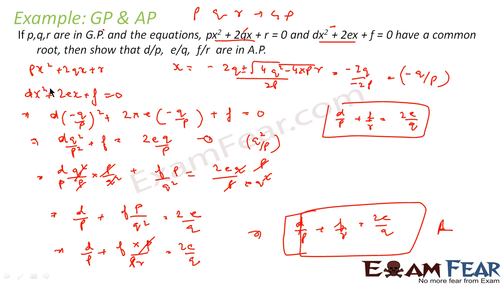Very simple. What we have done is find the value of x in the first equation, which came out to be minus q by p, and we knew that both equations have a common root. That was the only root of the first equation, so we used it in the second equation and solved it. Since we wanted d by p form, we divided the equation by q square by p, and for f by r form we wrote q square as p into r because p, q, r are in GP.